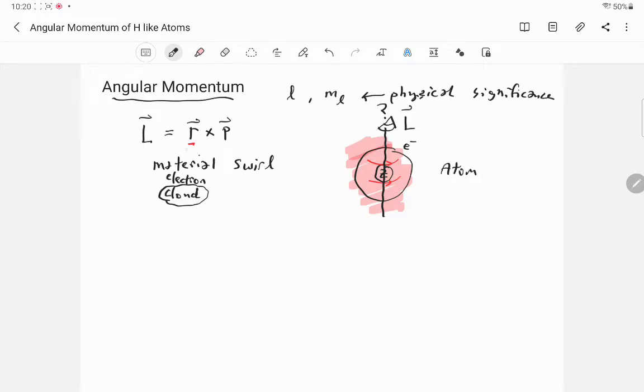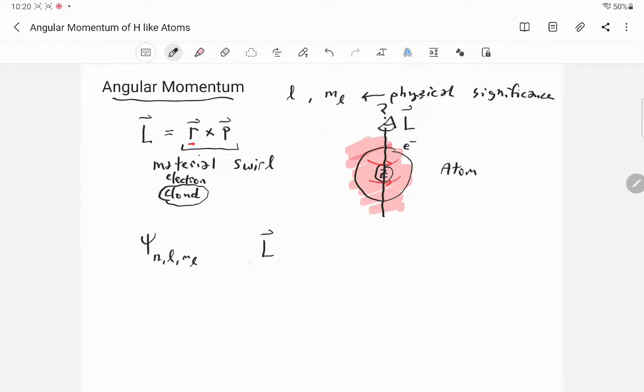So when you look at wave functions, which come with these quantum number labels, and you try to understand what r cross p means for these various quantum states, what you find is the following fact.